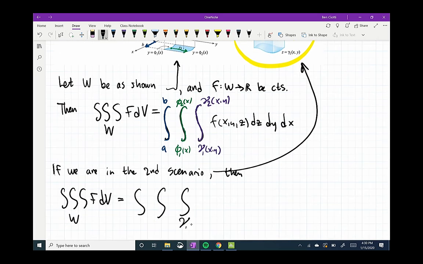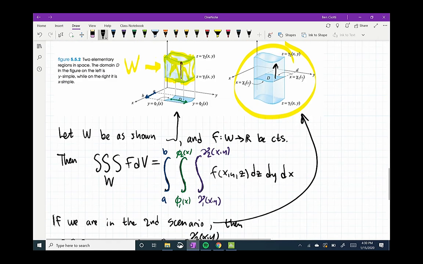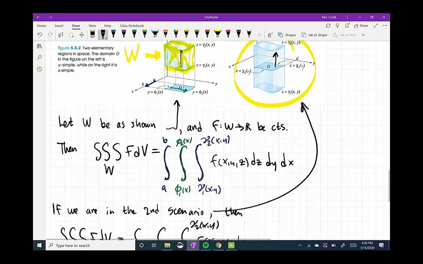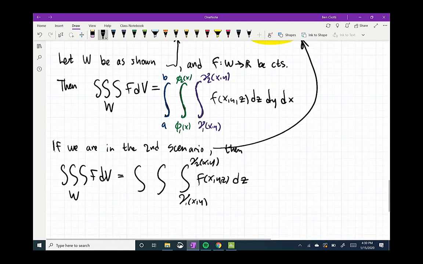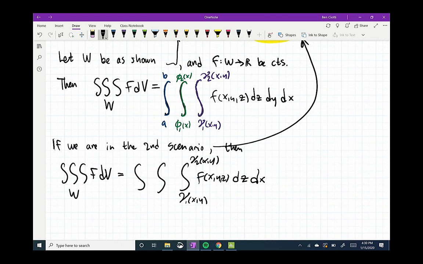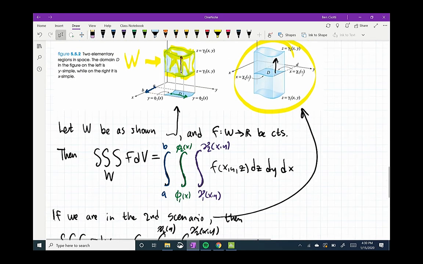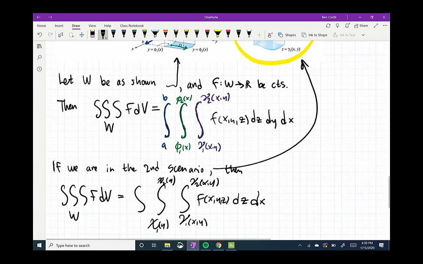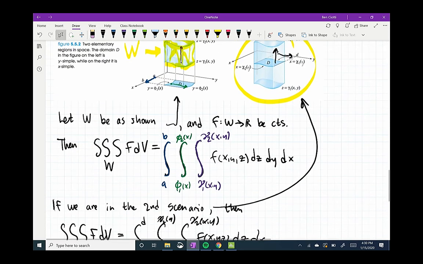So it still goes from gamma 1 of xy to gamma 2 of xy, f of x, y, z, dz. But now, because our elementary planar region has x between two functions of y, our second integration is with respect to x, and it goes from chi 1 of y to chi 2 of y, and then finally y, as you can see, goes from c to d. So from c to d.